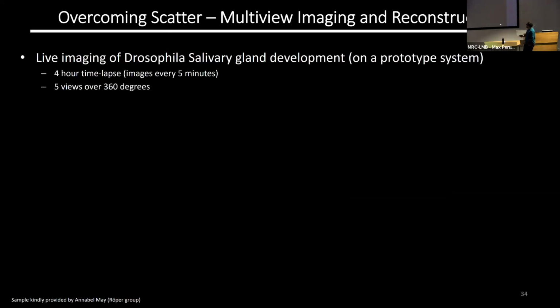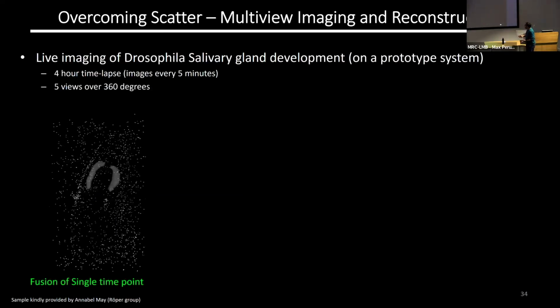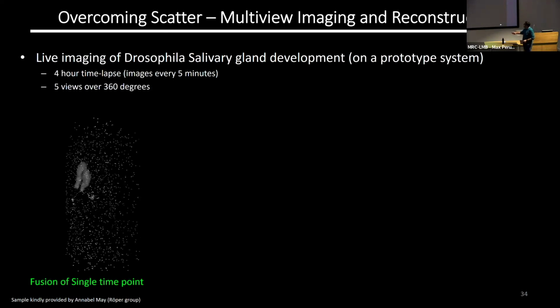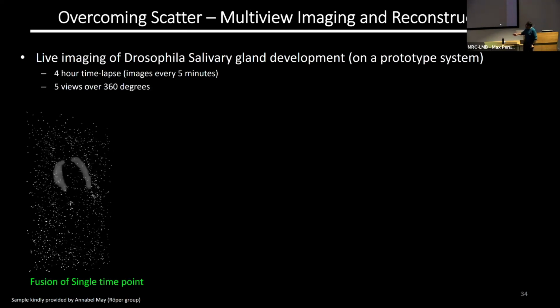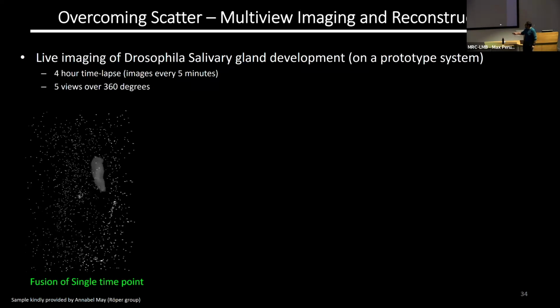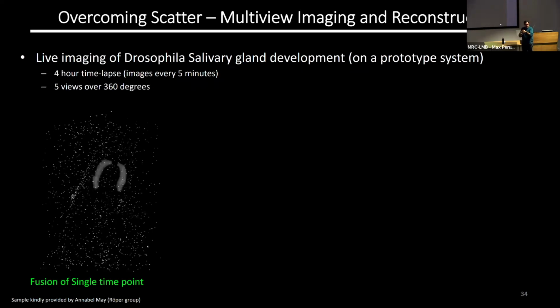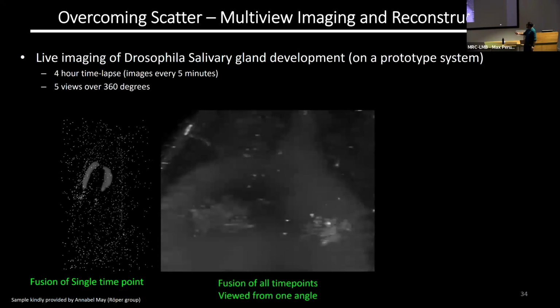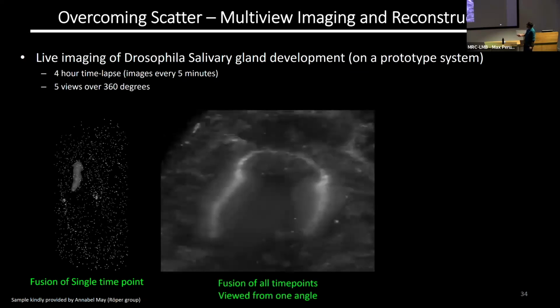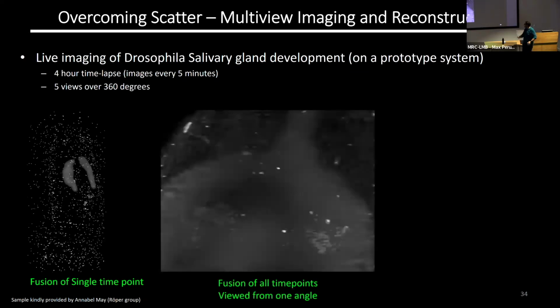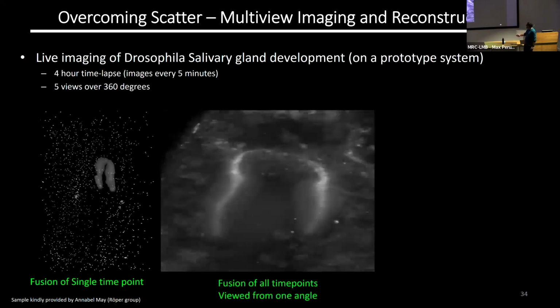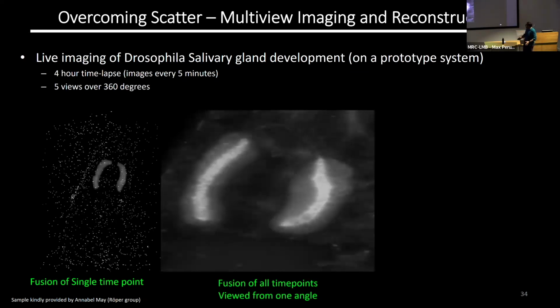Okay, so to explain a bit how this works, this is a case where you have Drosophila salivary glands here, and these were mounted for the light sheet using also beads inside the cylinder there. And so these beads are used basically for having a registry of the position and also the rotation. And this is the fusion of all, this is a time lapse.